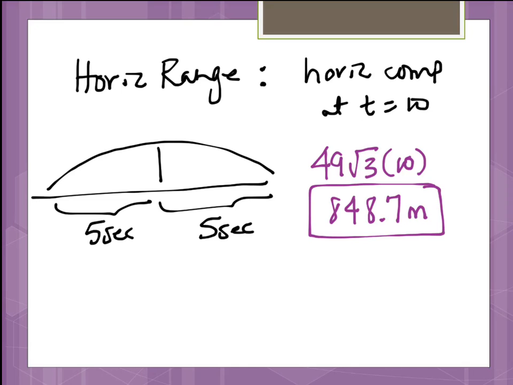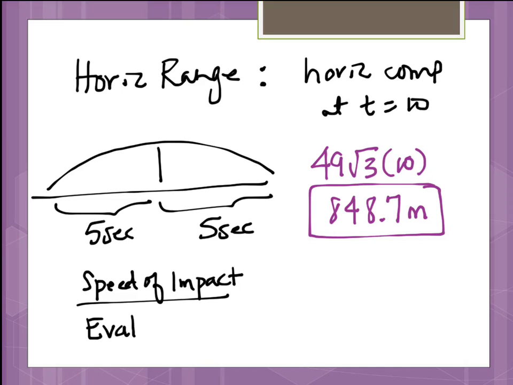What about speed of impact? Okay, what t value? 10 seconds. 10, because 10 is when it hits the ground. So this is asking us, in essence, I'm going to write down what you guys are saying, to evaluate what?